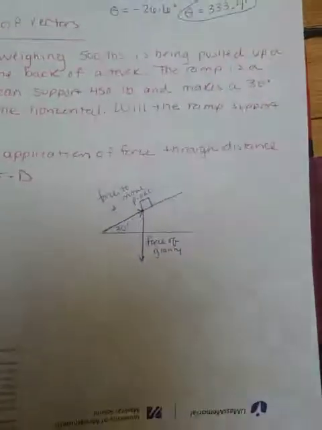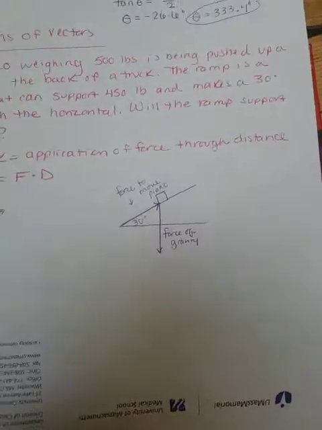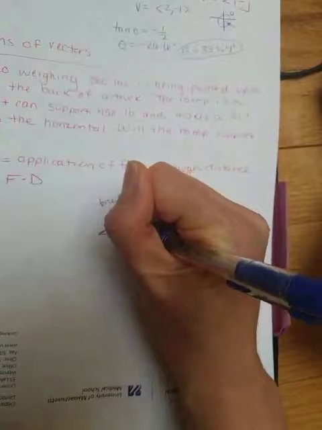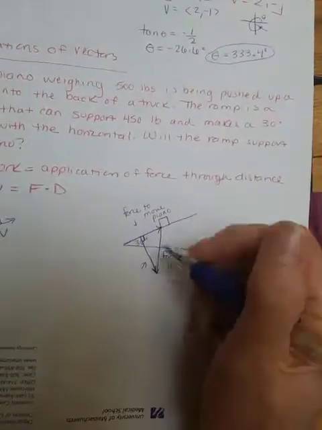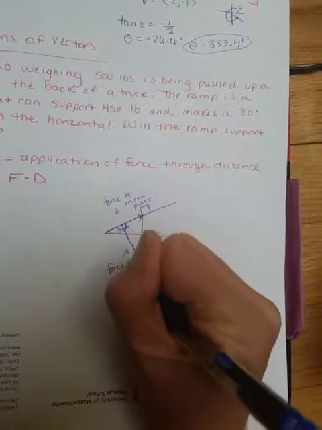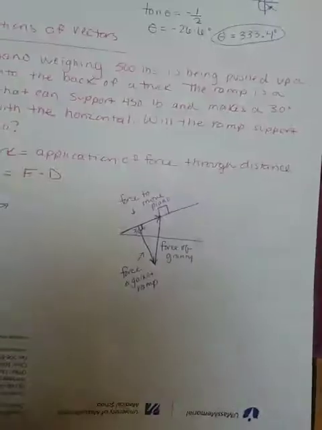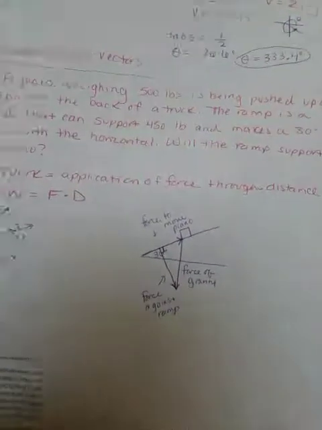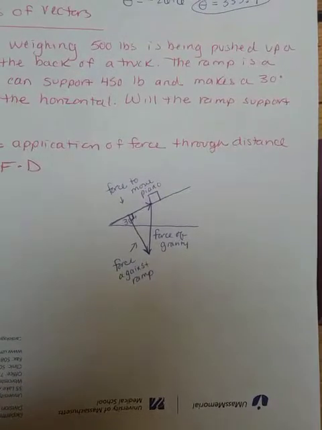Make sure I'm drawing this right. This is going to be a 90-degree angle here. And this right here is the force against the ramp. So think about pushing something up a ramp, everything that is going on there involving that activity.